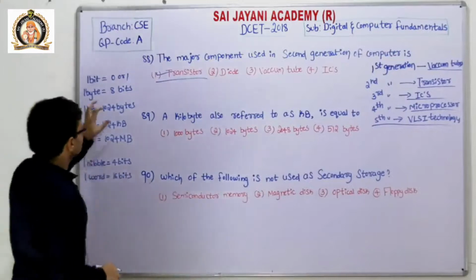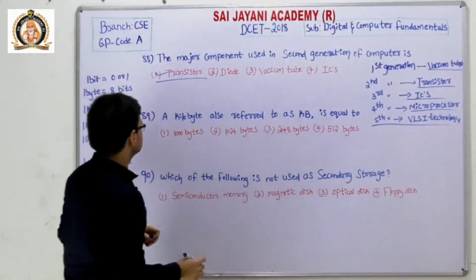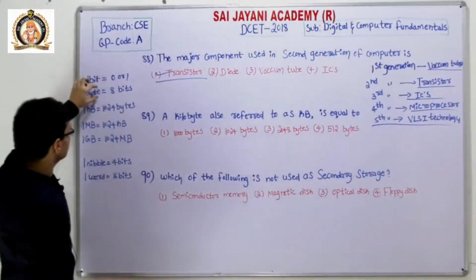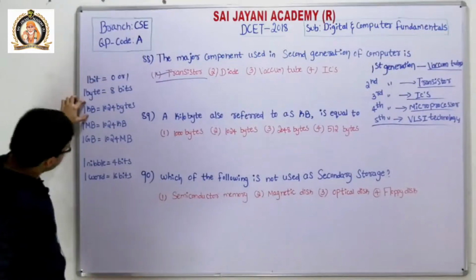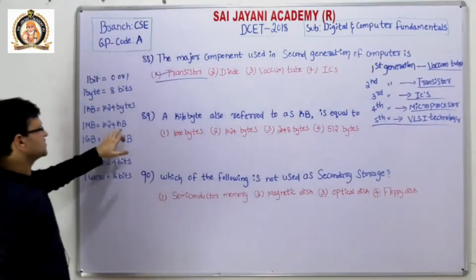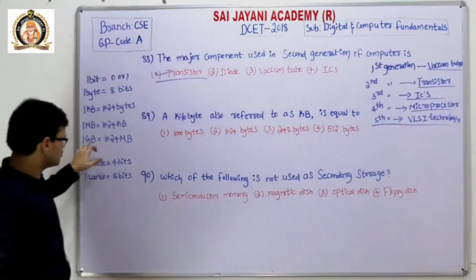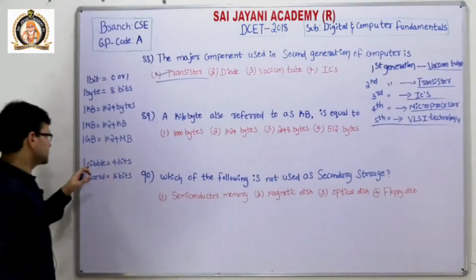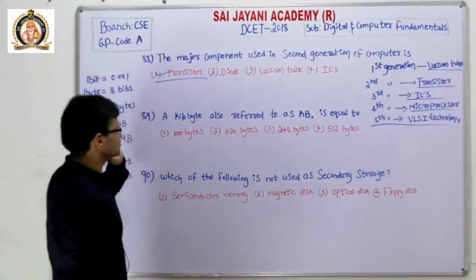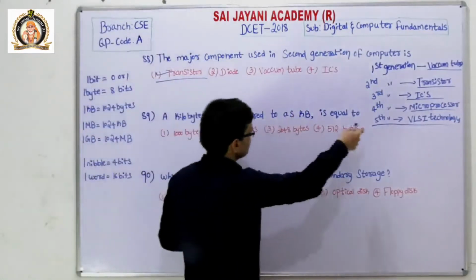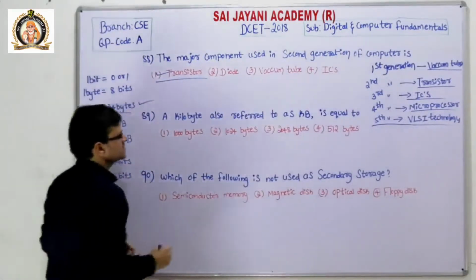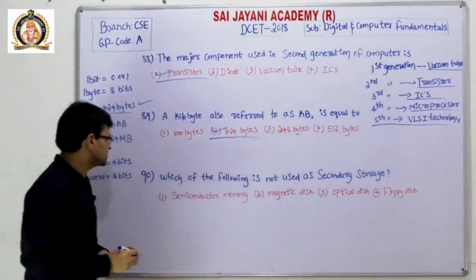You have to remember these points. 1 bit may be 0 or 1. 1 byte is equal to 8 bits. 1 kilobyte is equal to 1024 bytes. 1 megabyte is equal to 1024 kilobytes. 1 gigabyte is equal to 1024 megabytes. 1 nibble is equal to 4 bits. 1 word is equal to 16 bits. So in question number 89, a kilobyte, also referred to as KB, is equal to 1024 bytes. So the right option is the second one, 1024 bytes.